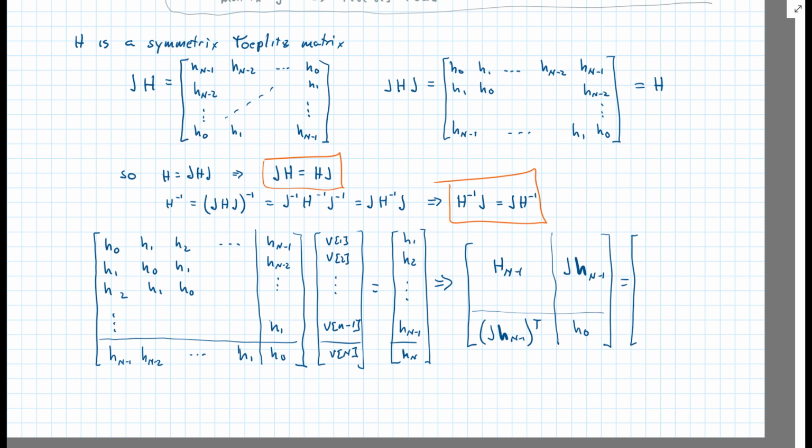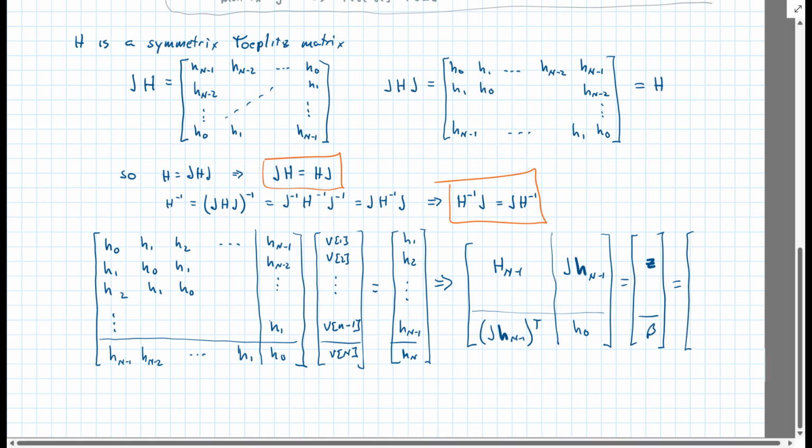Now labeling each of these entries, we just call that z and that beta. z is a vector, beta is a scalar, and now we have H_{n-1}. Oh, that's nice. We've seen that before. Hn.